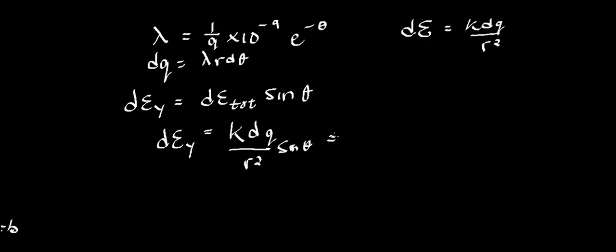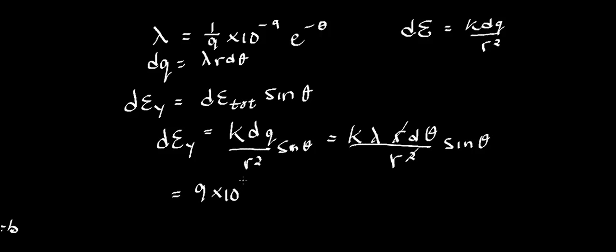Okay, let's expand this out. We have k. We know the expression for dq, that's lambda times r times d theta over r squared, and that's multiplied times the sine of theta. And then we know that lambda, let's actually start plugging in numbers. First of all, notice that 1 r cancels with 1 on the bottom.